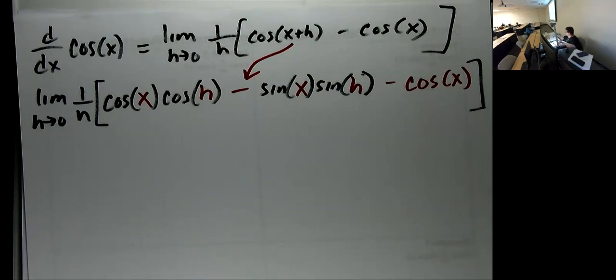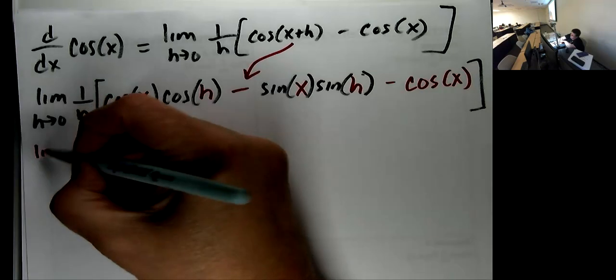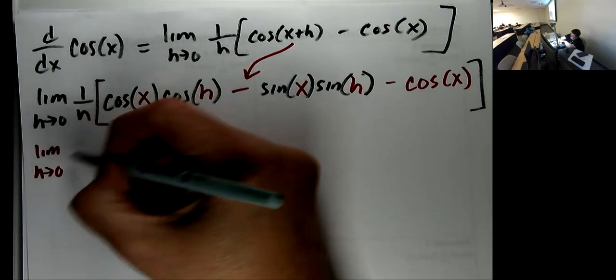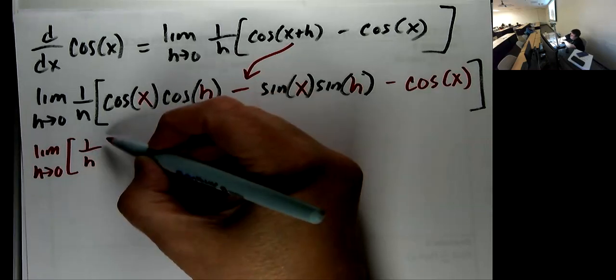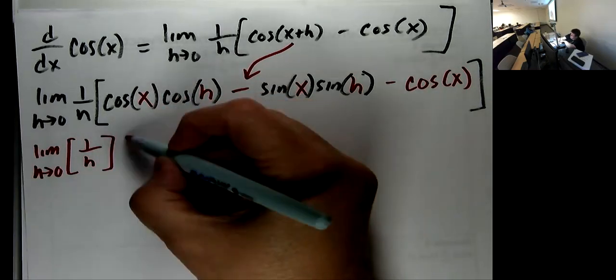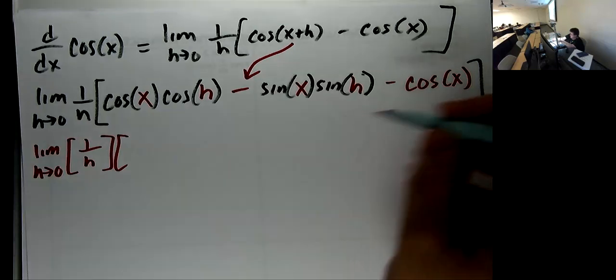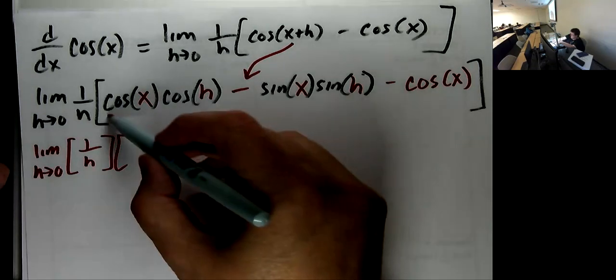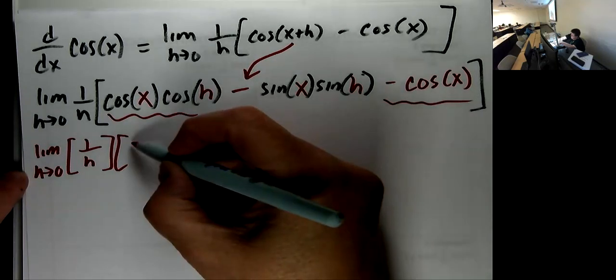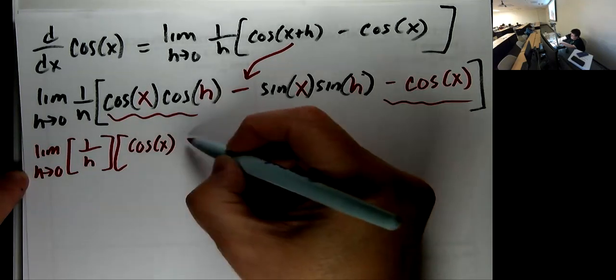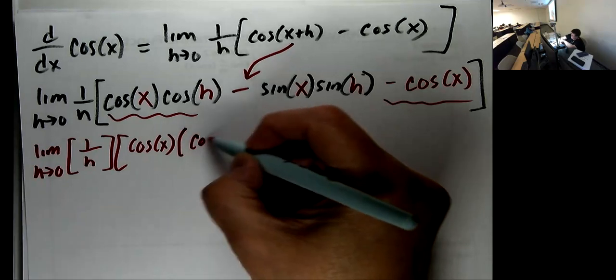So what are we going to do here? It looks like these two are going together. So I'm going to have a cosine x times cosine h minus 1.